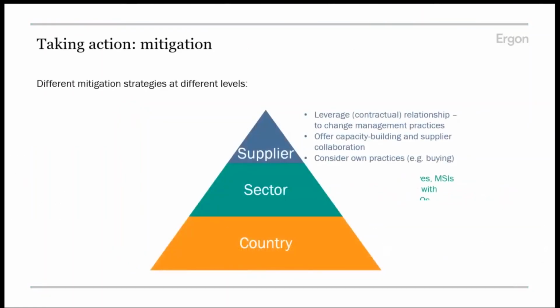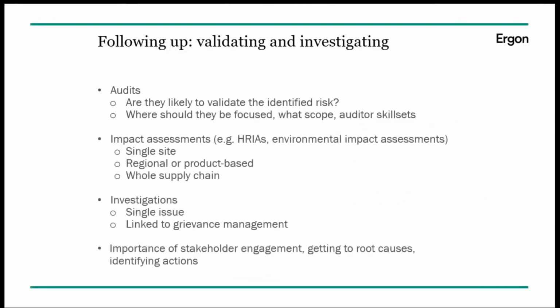But a lot of the risk issues which we're talking about are more hidden, so forced labour, endemic social problems, which are driving risk. So increasingly, certainly NGOs and many companies are now pushing for more in-depth, focused human rights impact assessments, which try and get under the skin of problems.